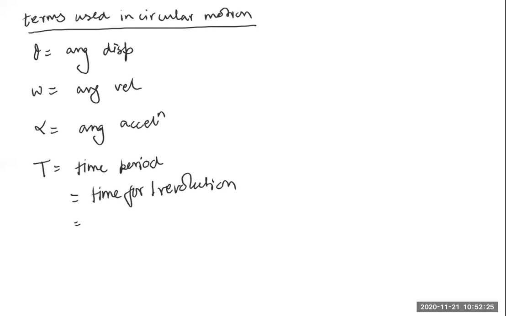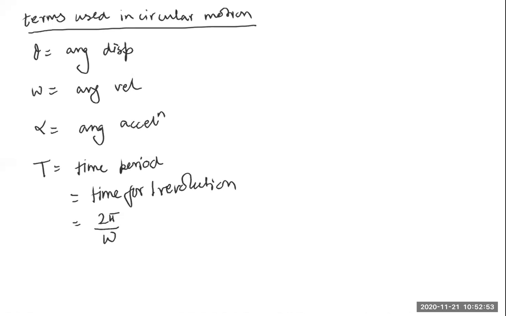And it is equal to, very good, 2 pi by omega. 2 pi एंगल रोटेट करने के लिए कितना टाइम लगेगा? Distance upon velocity, or in this case angle upon angular velocity. Angle that we have to rotate is 2 pi, angular velocity is omega.